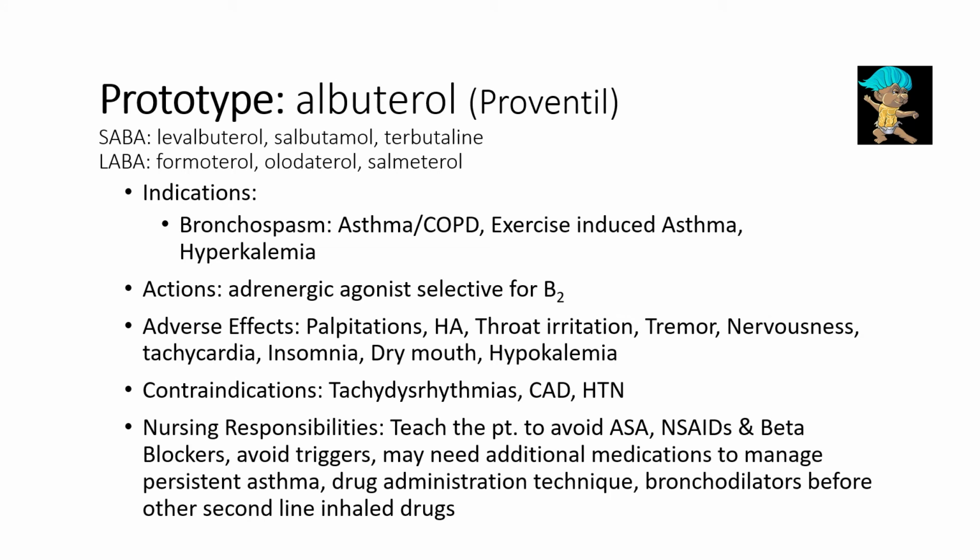Okay, so let's use an example here of a sympathomimetic, and we'll use albuterol. Albuterol is an inhaler that's used for asthma or COPD, and it's a short-acting beta-2 agonist. So to go back to the slide about beta-2 agonists, what's one of its primary actions?